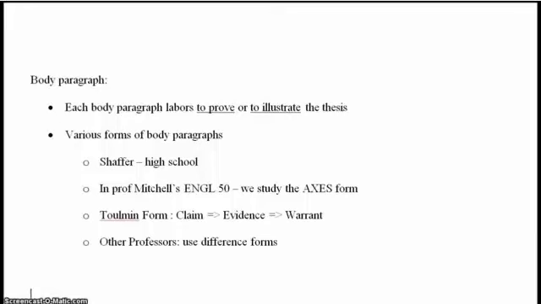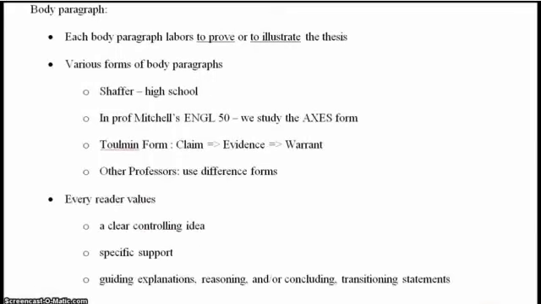But what I want to share with you is that every reader encountering a body paragraph really wants 3 basic things. We want a controlling idea, so we want to know the main point of this particular paragraph. We want to have support for this idea, and then we want to have some kind of reasoning that gives us the glue between this support and that specific controlling idea, and between this body paragraph and the thesis it's laboring to prove, right?